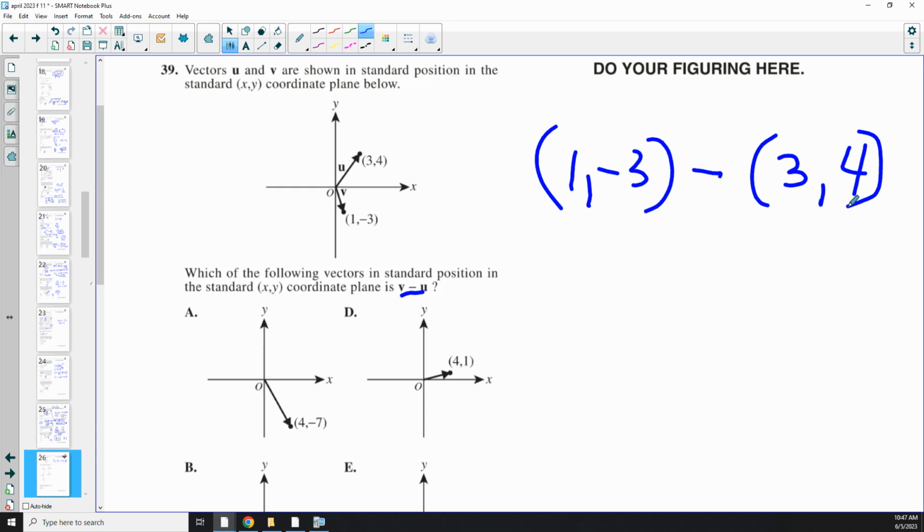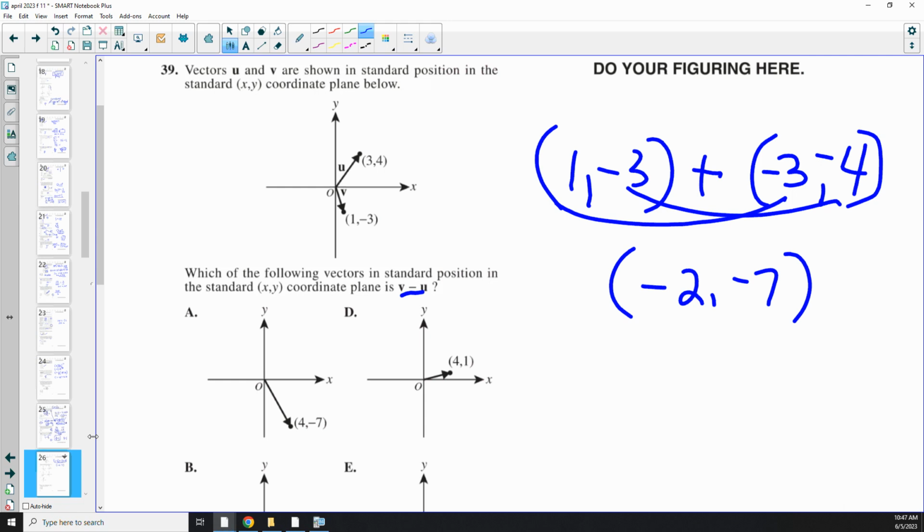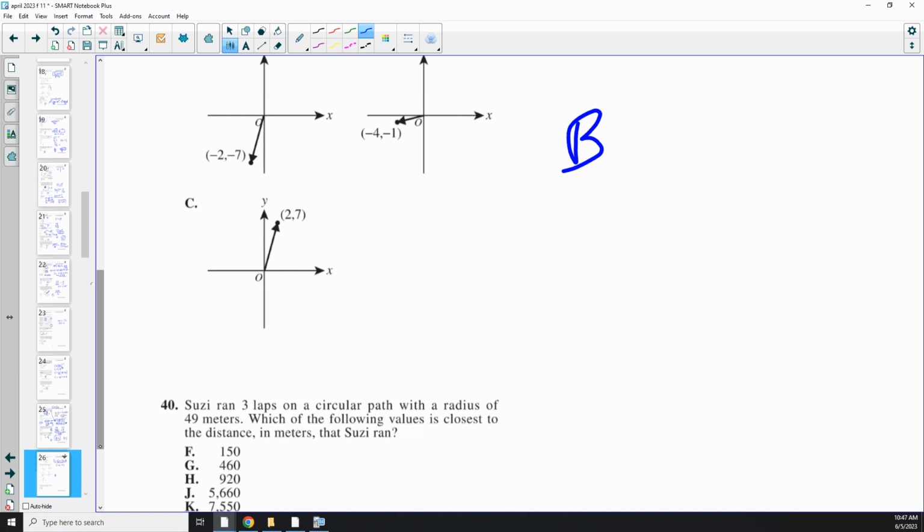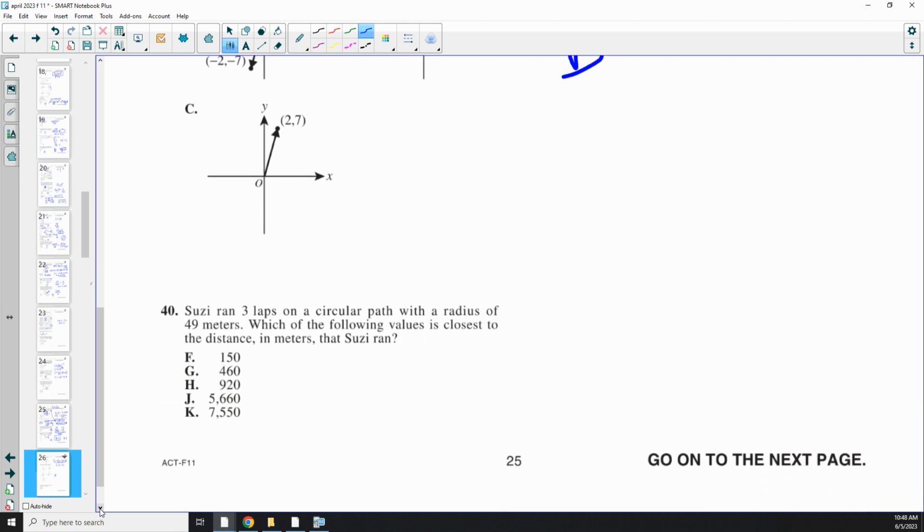So it would be 1, -3, and then you would give the minus to both of these and get -2, -7 would be the vector answer, which looks like choice B to me, if that's what indeed they are asking. Again, it's just subtract the x's and subtract the y's.